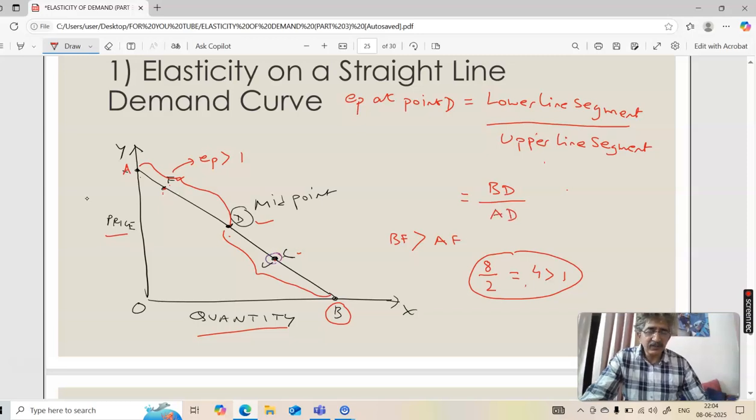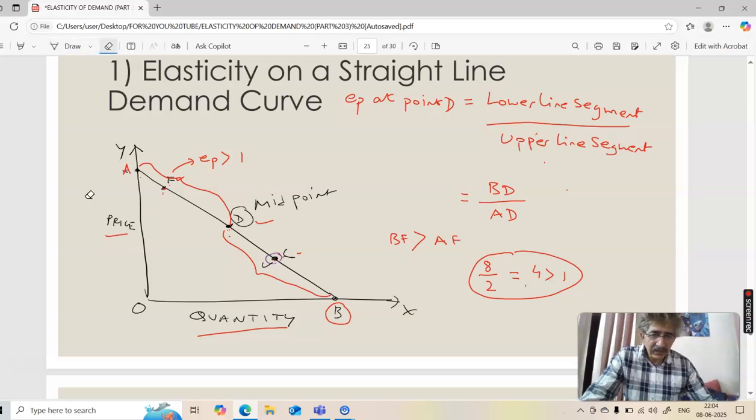And because D is the midpoint, it's dividing the demand curve AB, the full line, into two equal parts. That means BD is equal to AD. Lower line segment and upper line segment are equal. So in this case the answer obviously will be 1.